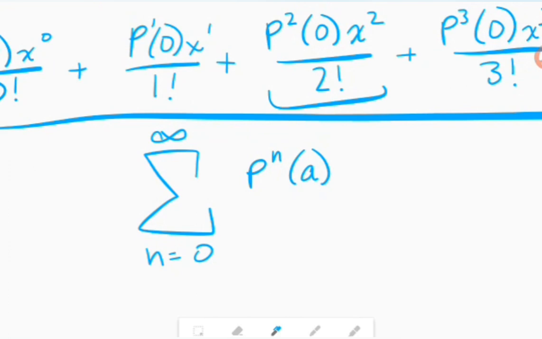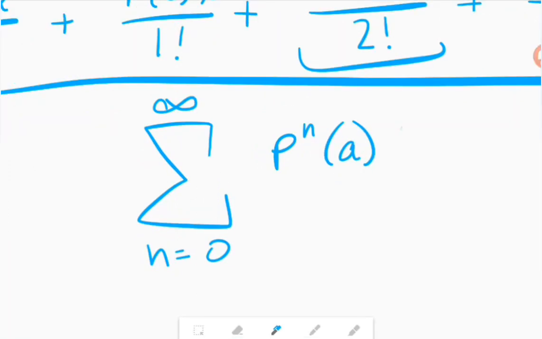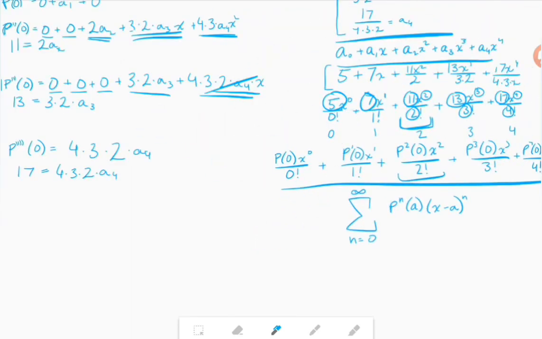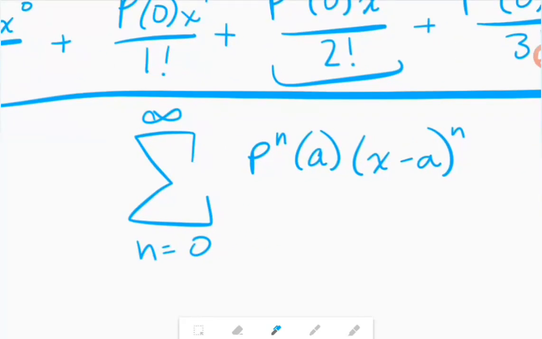So it'd be the nth derivative of p at a, times x minus a to the n, and a once again is where it's centered around. In this case, a was equal to 0, so we just had x to the n power over n factorial, right?